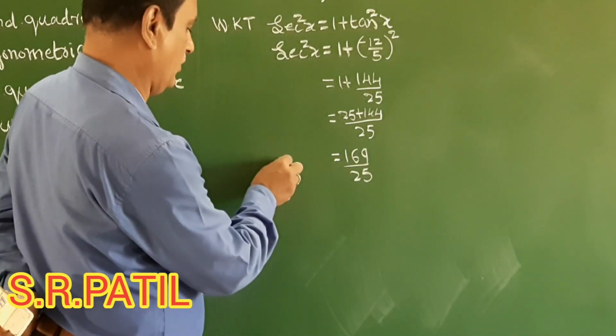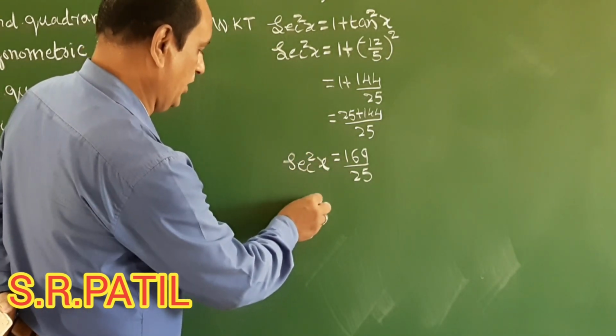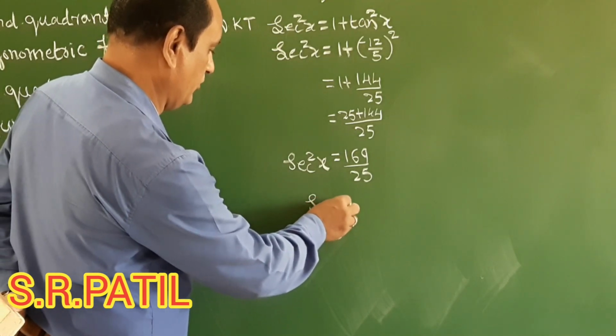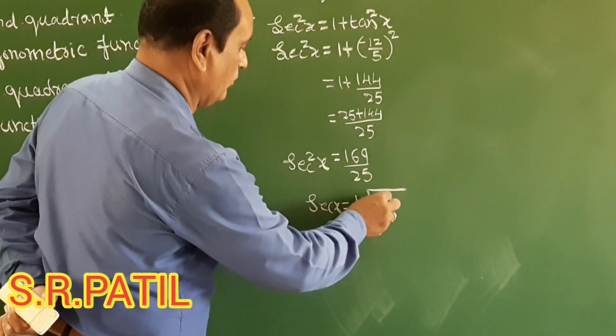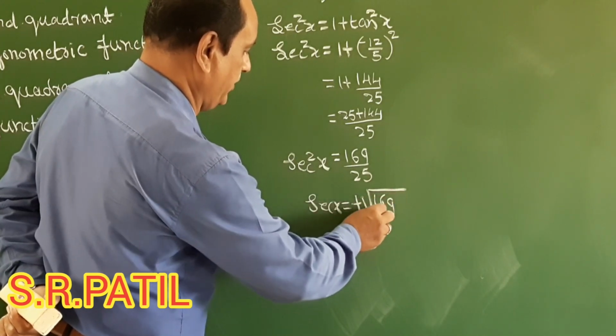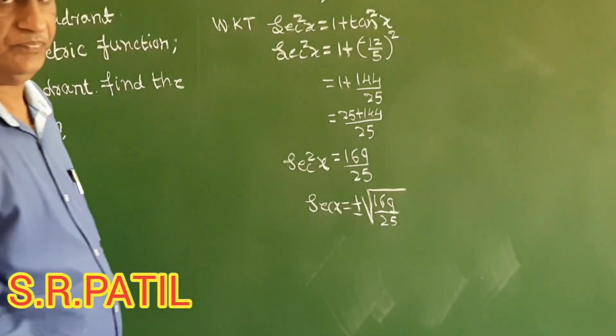Therefore the value for sec squared x is equal to, simply sec x is equal to plus or minus under root of 169 divided by 25. You have to write in the simplest form.